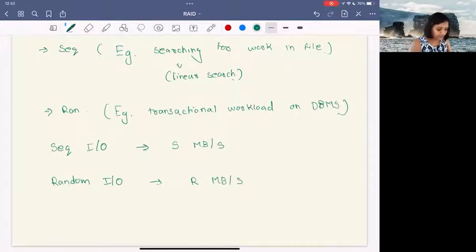Now, definitely you could assume that if it's a hard disk, then S is way greater than R. If it's other modern disks such as SSDs, then the random access latency of SSDs has been reduced, or random access bandwidth has been increased compared to hard disks. But still, S is greater than R, even for SSDs as well.